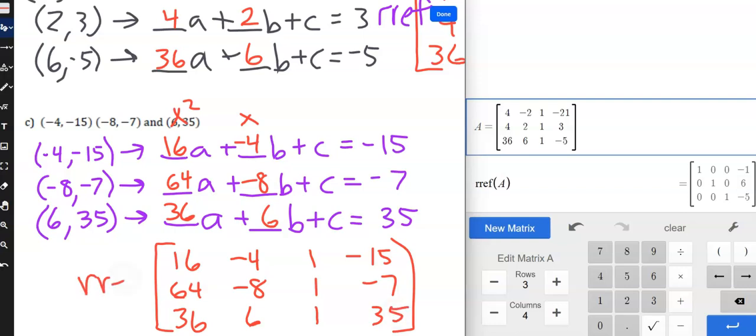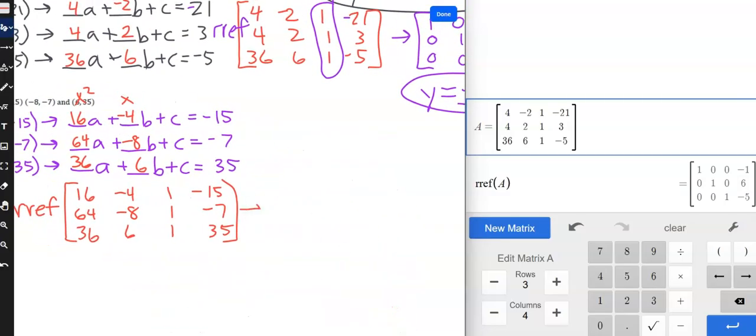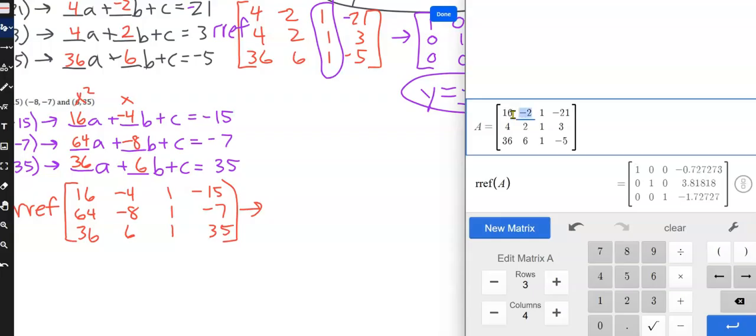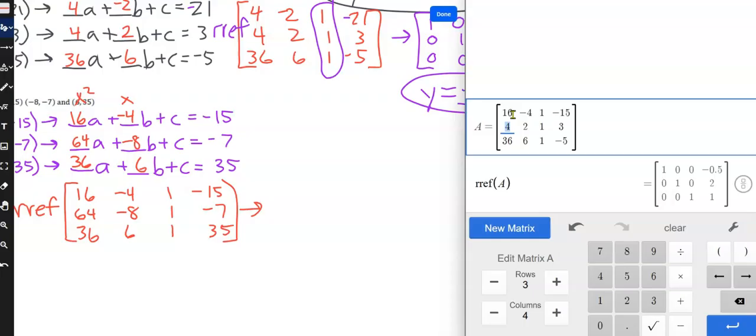And then do our RREF, which is going to spit out for us. Let's go back to the beginning. 16, negative 4, 1, negative 15, 64, negative 8, negative 7, 36, 6, 1, and 35.